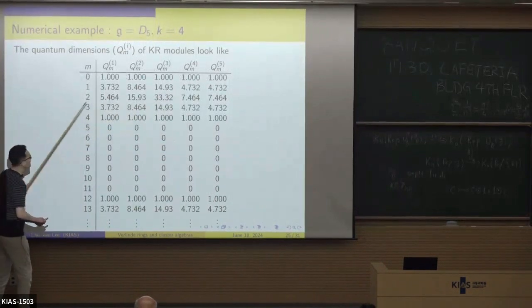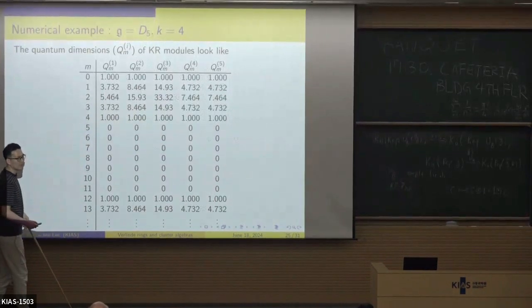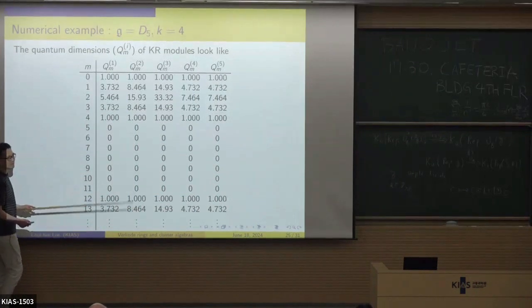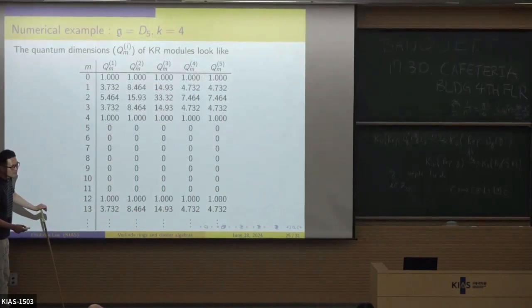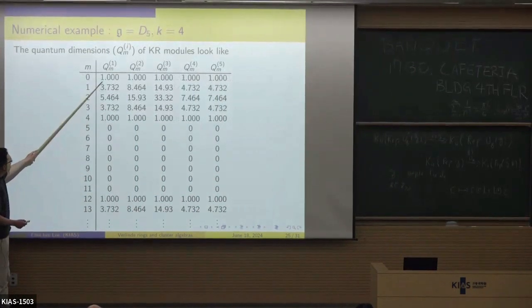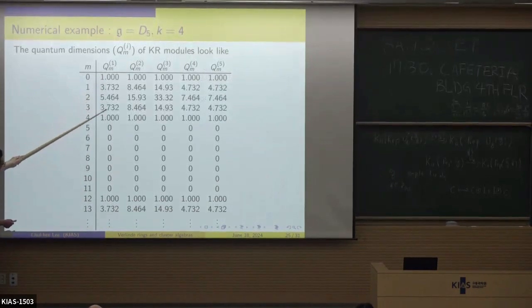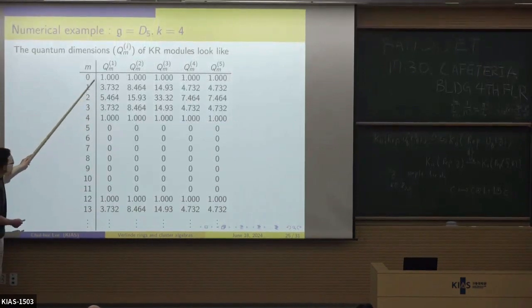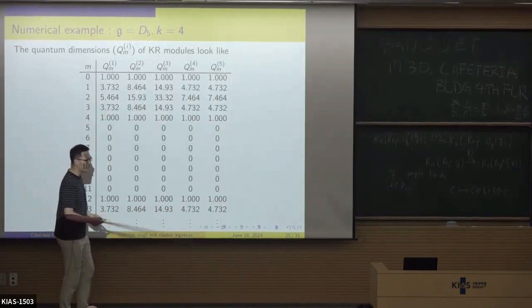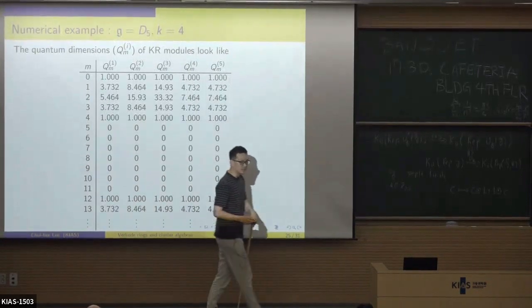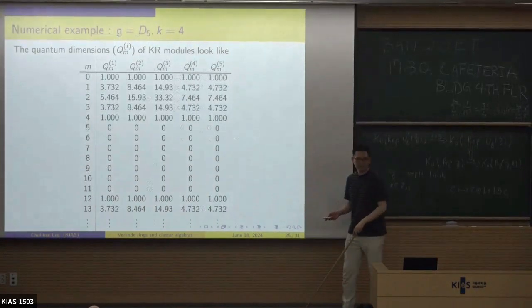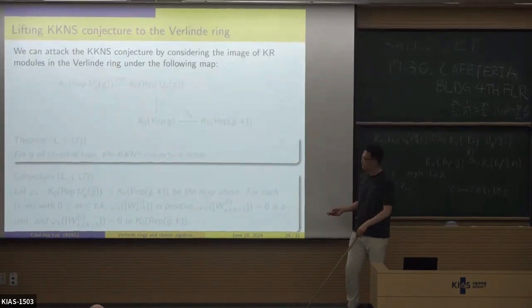You would get some constant as k goes to infinity. So when you take k to infinity, you just get dimensions eventually. But positivity, for a given positive k, is non-trivial. That's what I mean.